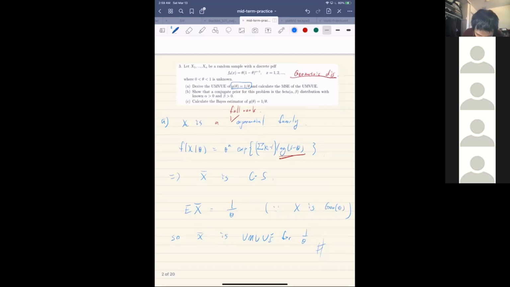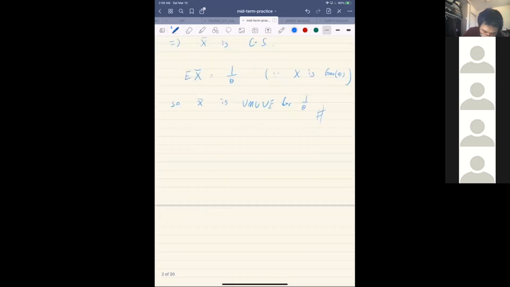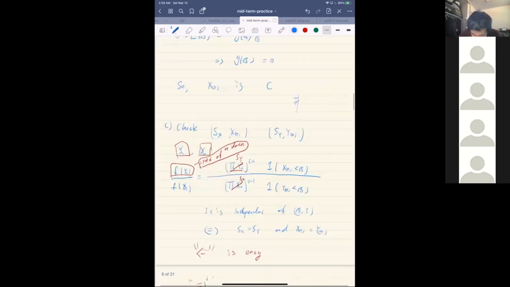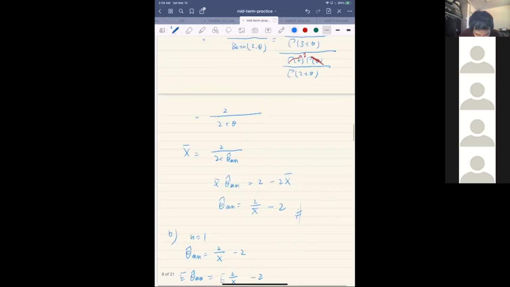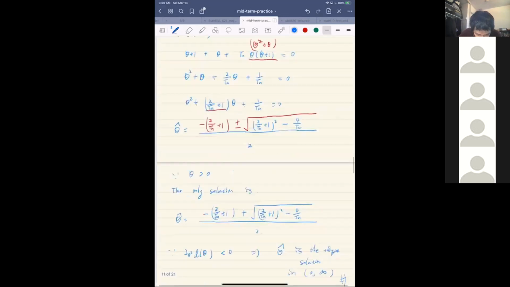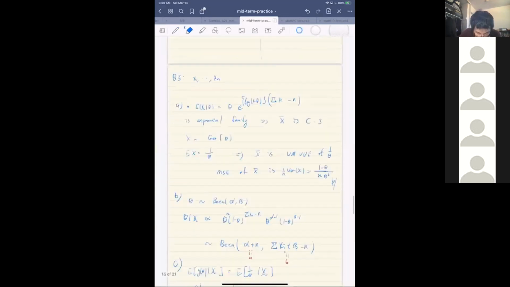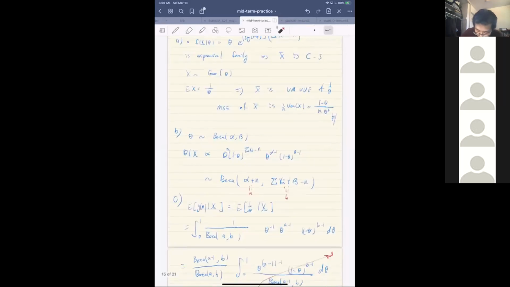Okay. And we want to find the mean square error. So the mean square error of S bar is just the variance of S bar because it's unbiased. So it should be 1 over n times the variance of x. What is the variance of x when it is a geometric distribution? Okay, so it should be this, over theta squared n.